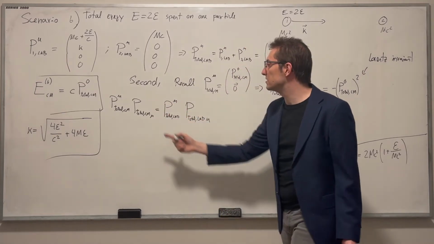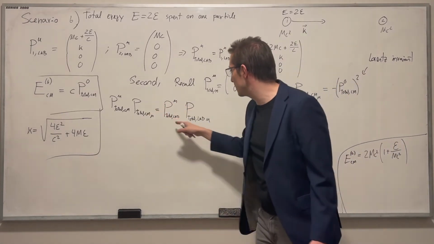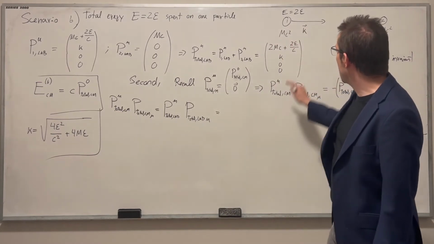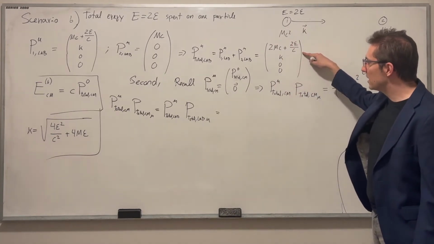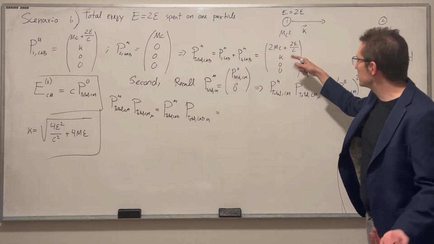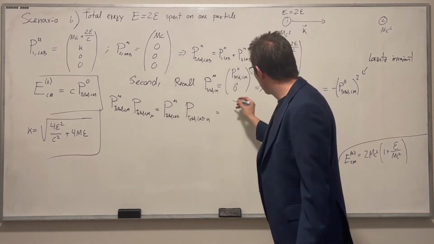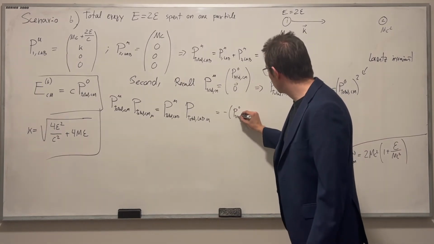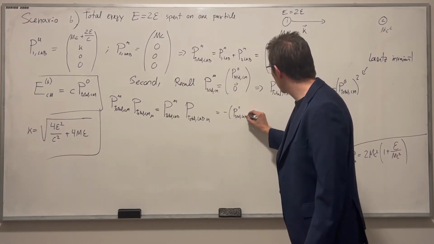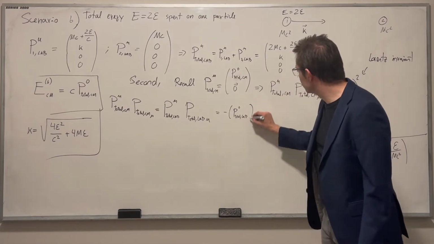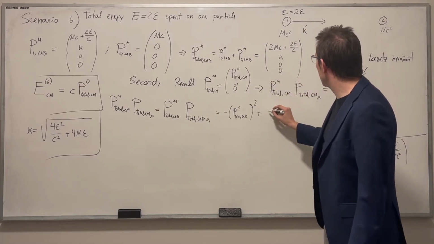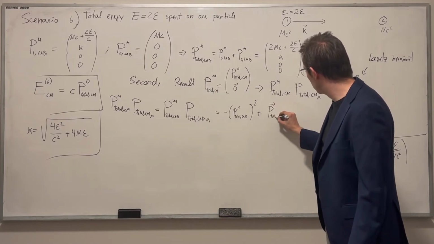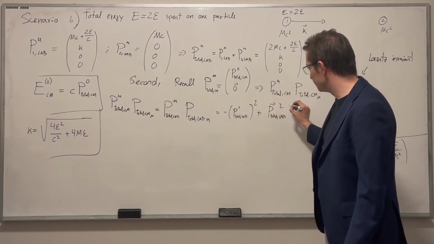It's a scalar, so it's the same in the center of mass frame and in the lab frame. In the lab frame I can compute it, because I have the total four-momentum here, and I can compute the contraction. Once again, the contraction would be minus P0 total lab squared plus the vector P total lab squared.